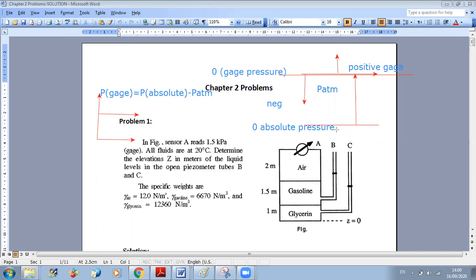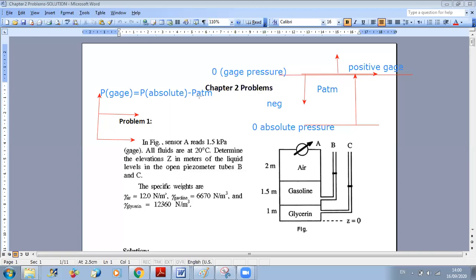So you can express pressures taking as reference the absolute pressure, or the atmospherical pressure. Because the atmospherical pressure is an important reference, we come up with a new term, which is P gauge. When I give you P gauge, I am giving you the pressure with respect to the atmospherical one.